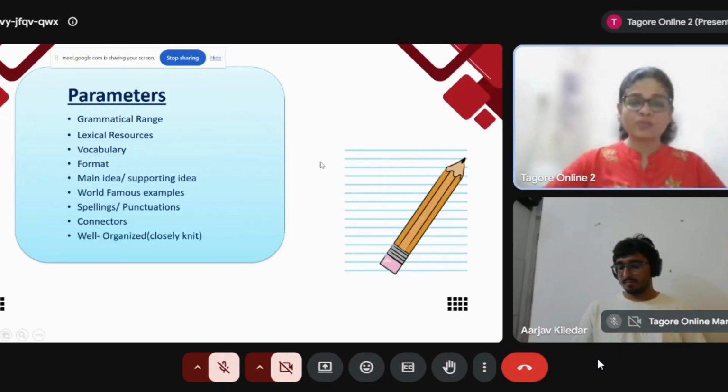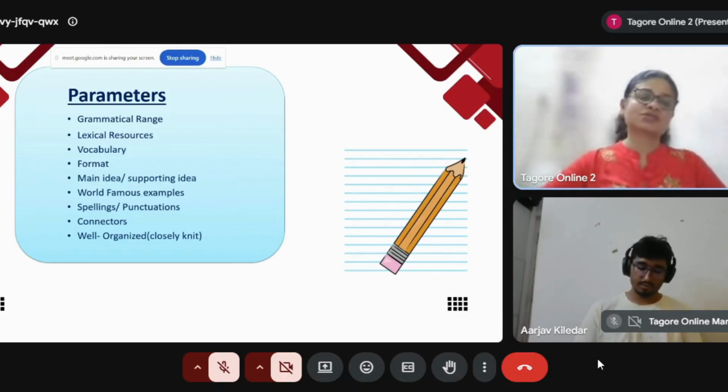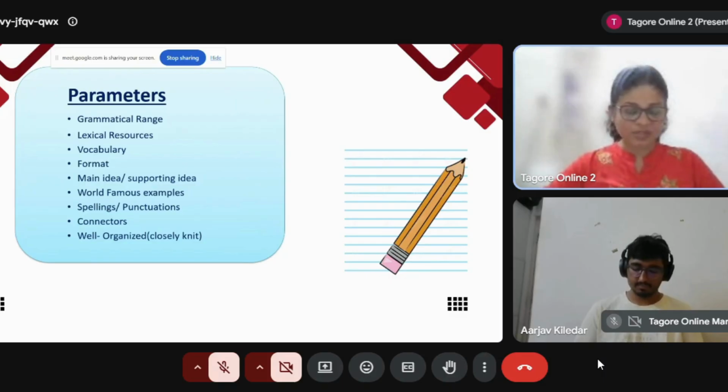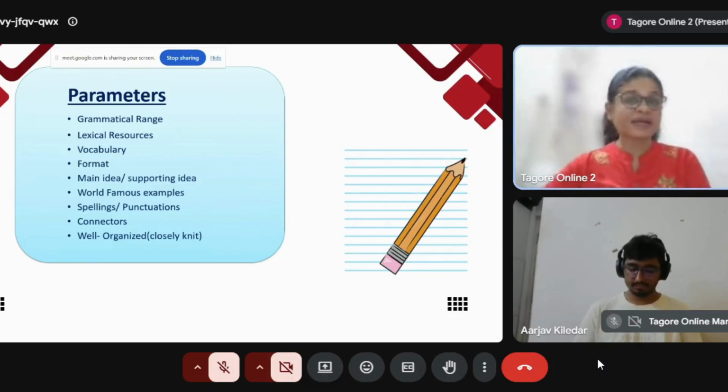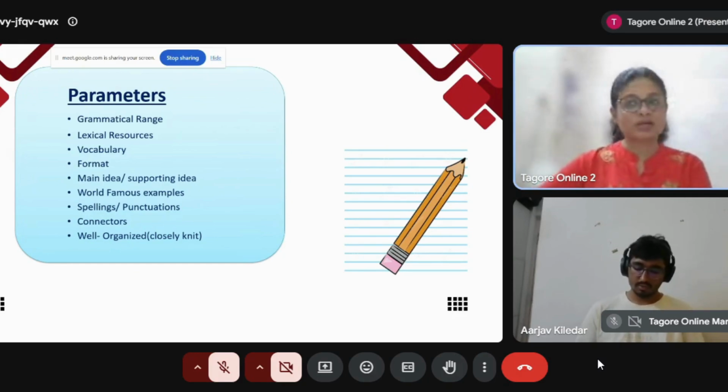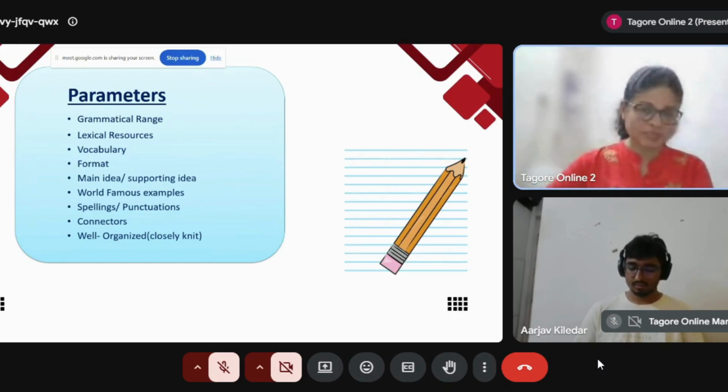Yes. Now, when we write, these are the following points that you need to take care of. Your grammatical range of accuracy. That means where you use your verb, where you use your noun, and where you use your subject-verb combinations and all of that. So your grammar should fall in place.